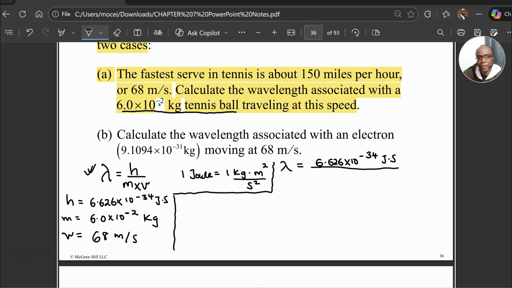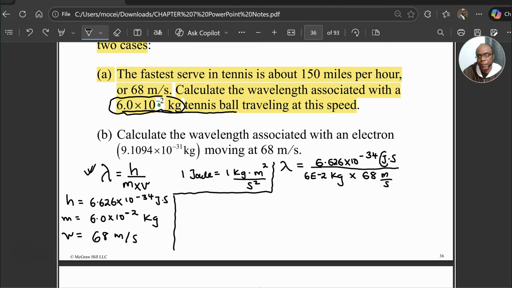And then I'm dividing that by the product of mass and velocity. The mass of this tennis ball is 6 exponent negative 2, meaning 6 times 10 to the power negative 2 kilograms. I'm saving space by using an E. And then the velocity is given as 68 meters per second.